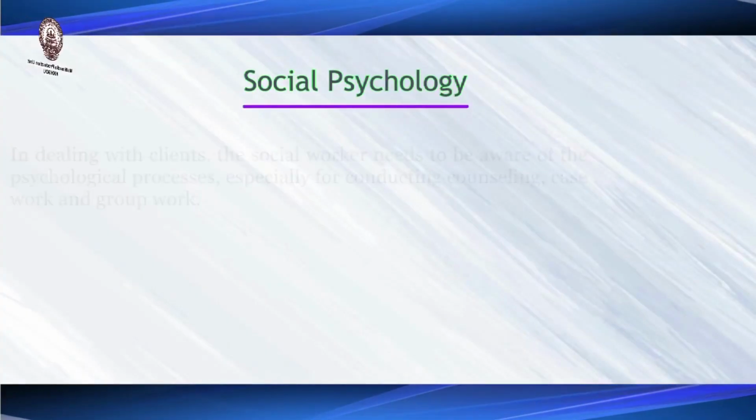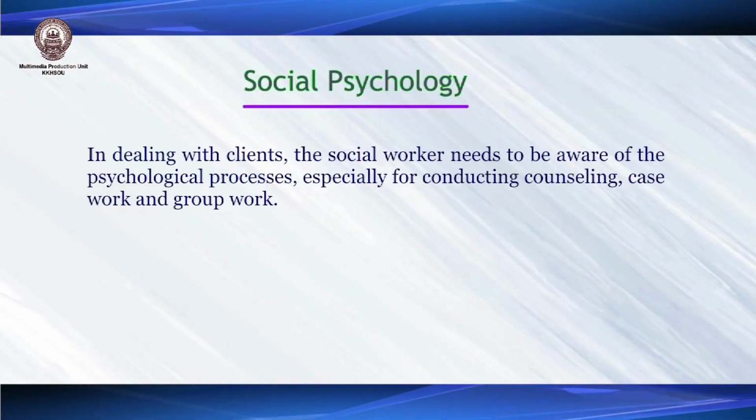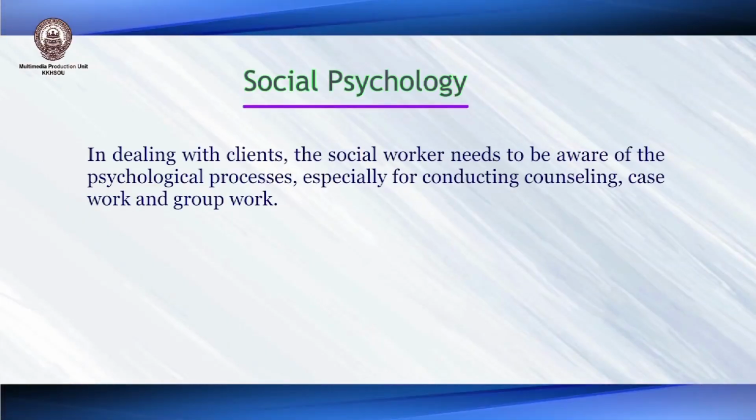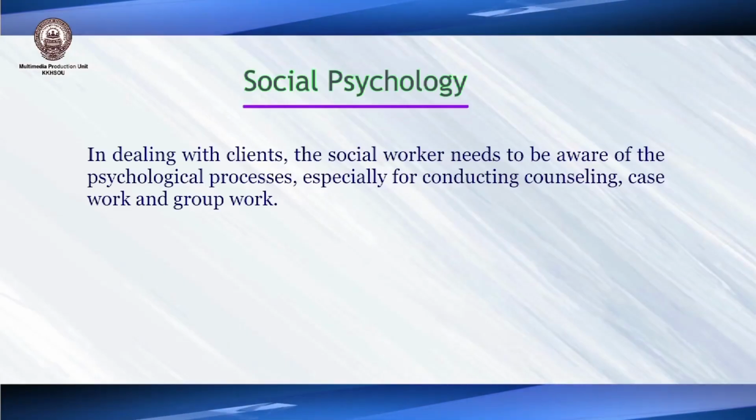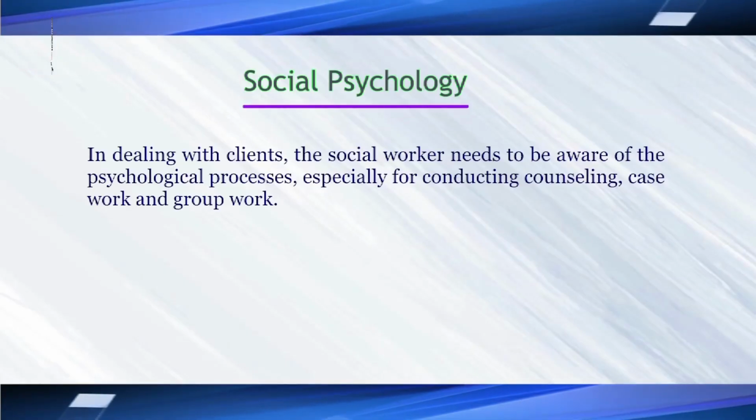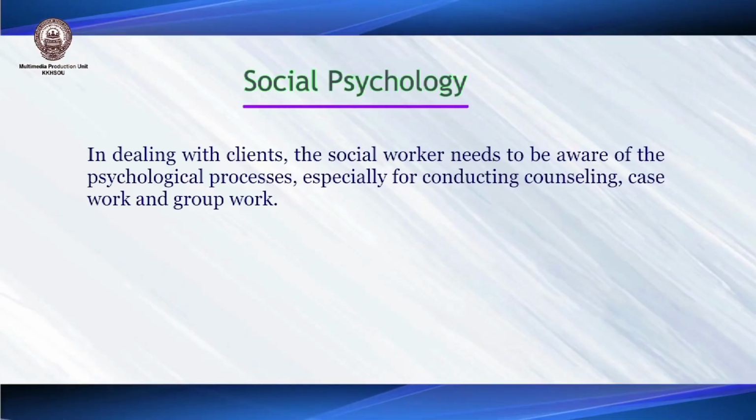So when we talk about social psychology, a social worker has to have keen observation skills, active listening skills, and critical thinking skills so that the social worker can assess or understand why and how a person is behaving. In dealing with clients, the social worker needs to be aware of the psychological processes, especially for conducting counseling, casework, and group work.